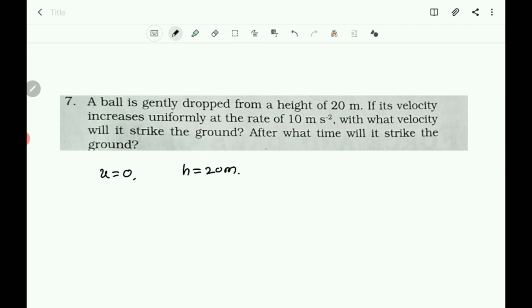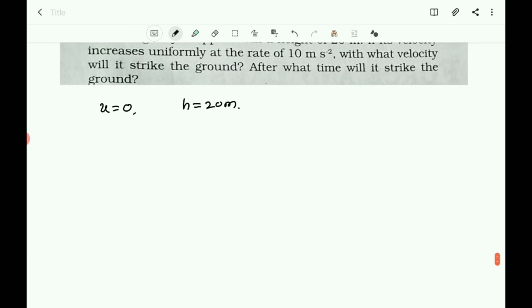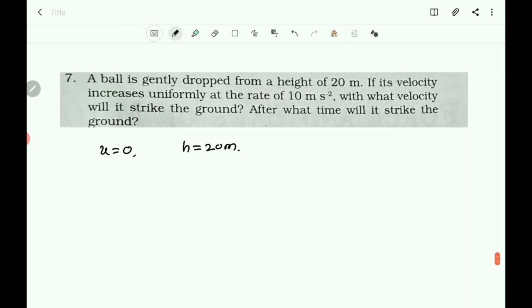And the acceleration is A. A is nothing but acceleration due to gravity. You can write A or G here. A is equals to G, that is equals to 10 m s to the power of minus 2.